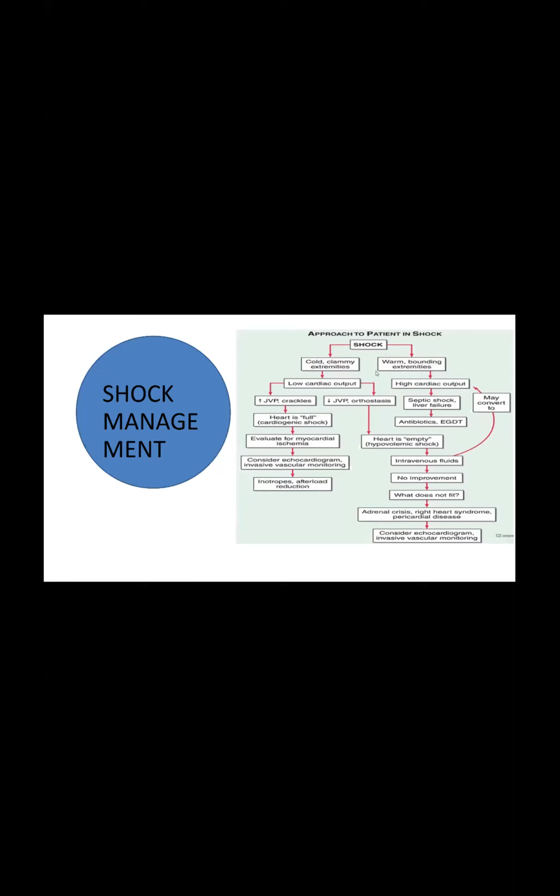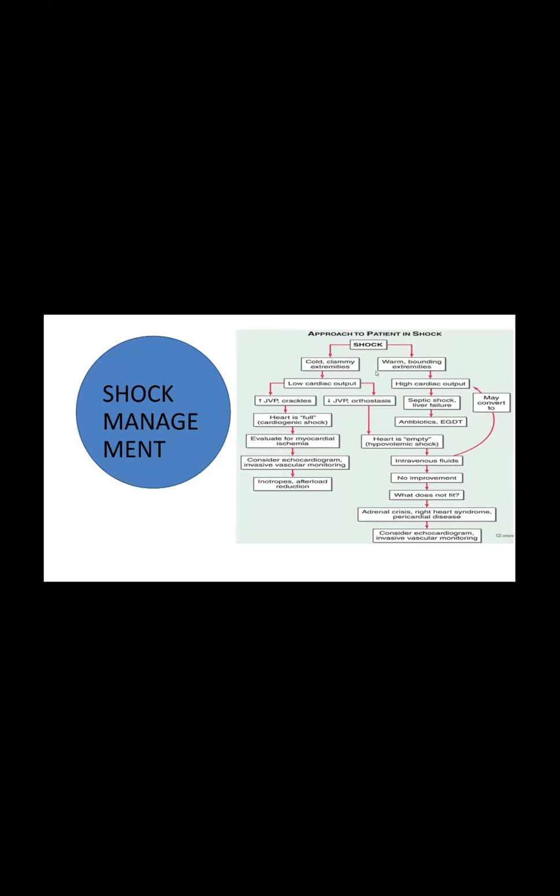If it is warm, there is high cardiac output, as in septic shock, and we have to give antibiotics. If it is cold and clammy, there is low cardiac output, and JVP will be high or low. This way we have to do the evaluation.